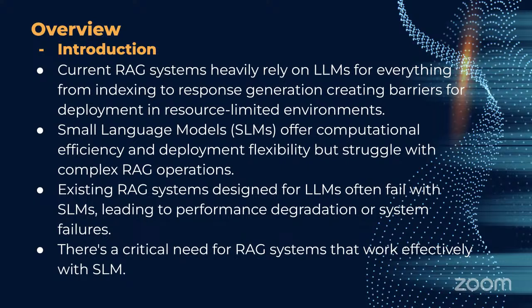However, they struggle with key RAG operations like semantic understanding and information retrieval. The existing RAG architectures designed for large language models often fail with small language models, leading to performance degradation or even system failures. So this mismatch shows that there is a critical need for RAG systems that work effectively with small language models. Next slide.